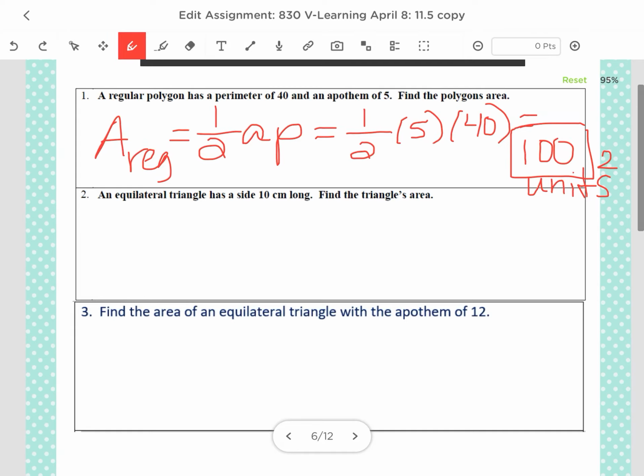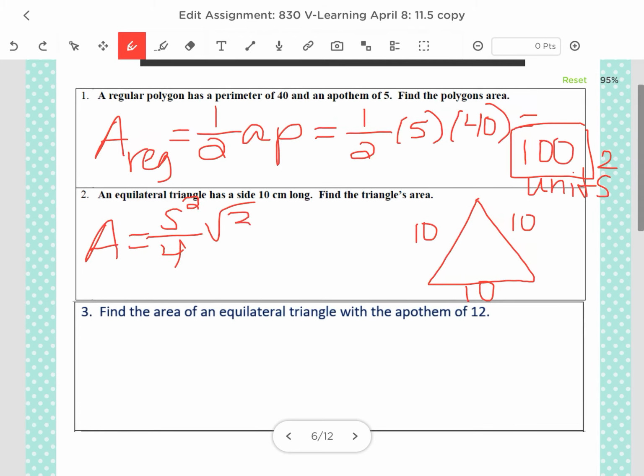All right, an equilateral triangle has a side 10 centimeters long. Find the triangle's area. So if I give you a picture, it's equilateral, all the sides are 10. We're going to try to find the area. Recall that the formula we talked about for the area of an equilateral triangle is equal to the side squared over 4 times root 3. The reason this formula is going to come into play is because I don't have to calculate the height.